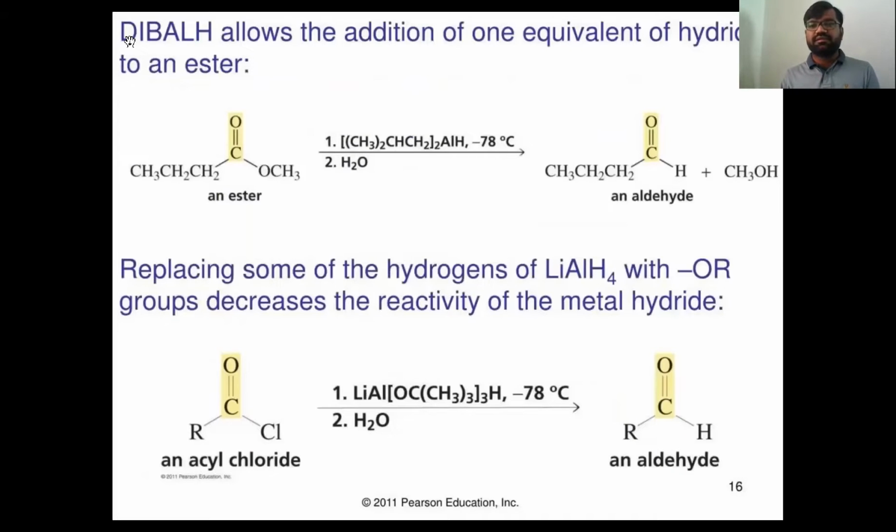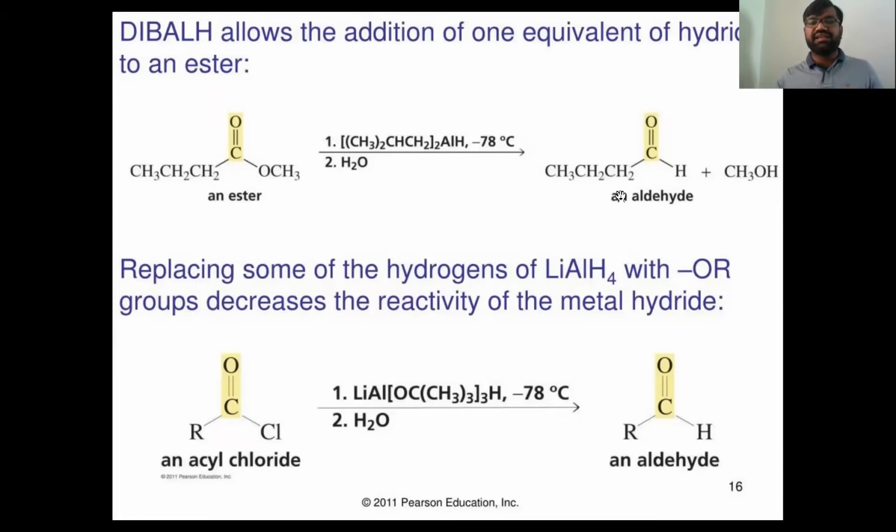DIBAL. This is basically not lithium, but aluminum, diisobutyl aluminum hydride. Isopropyl group, functional group. And what is it? It is selectively used to reduce ester to aldehyde.